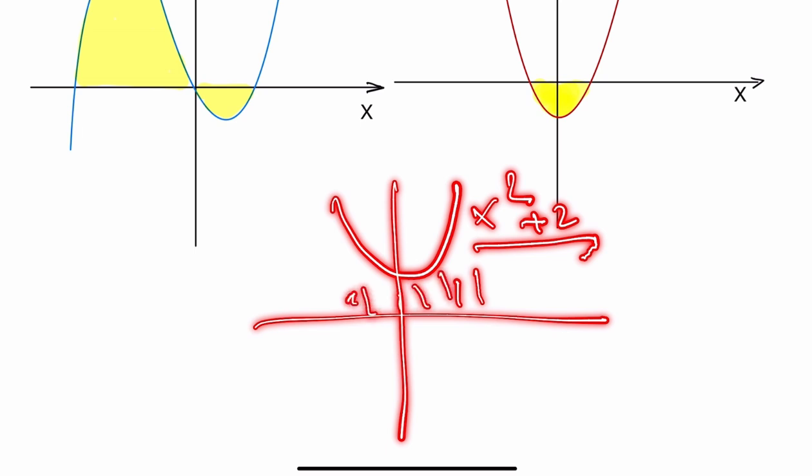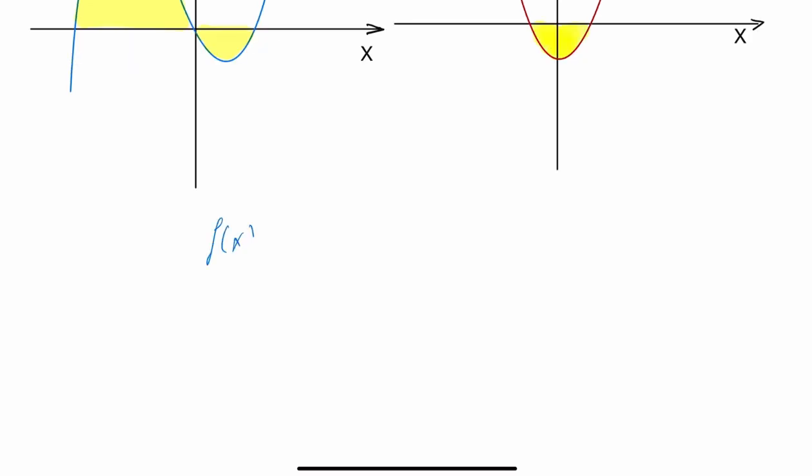For example, f(x) is equal to x squared. The first thing we have to do is find the antiderivative of x squared between a specific interval. For example, we will take from 0 to 2.